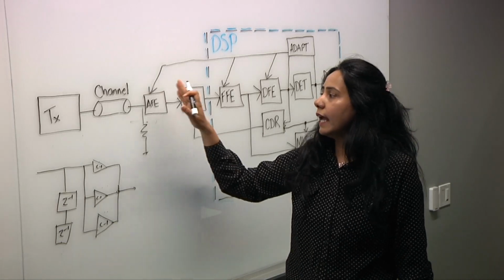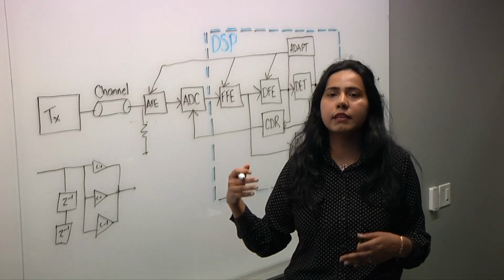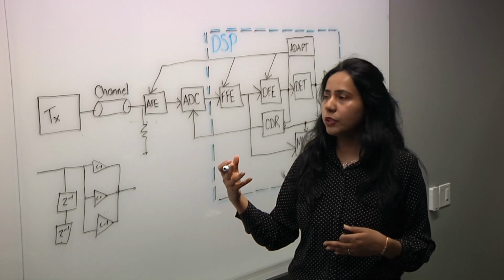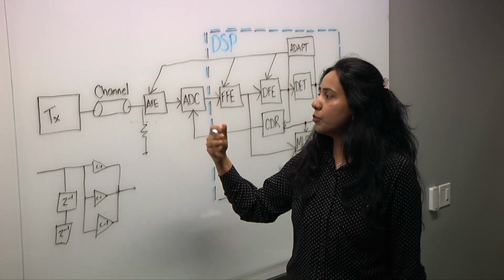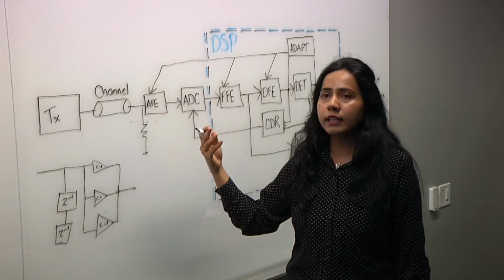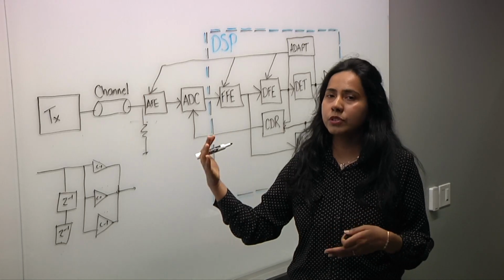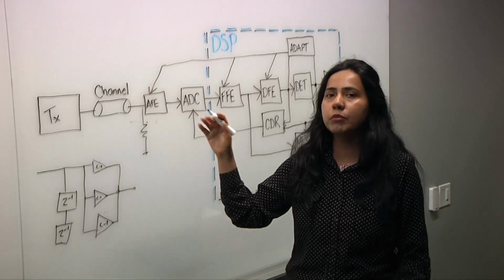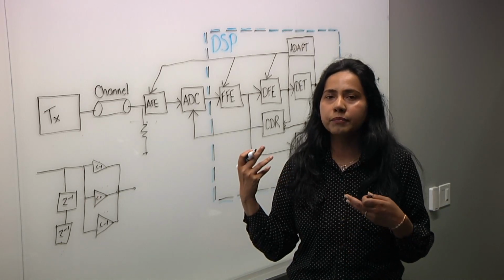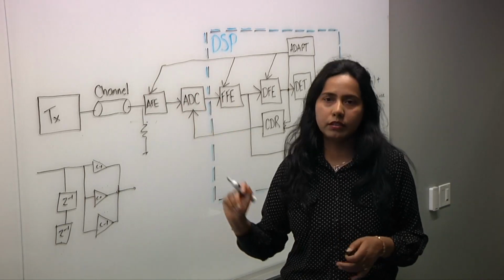And then you can have a CTLE here, which is a continuous time linear equalizer. It attenuates the low frequency and boosts the high frequency signal, which is how it operates in continuous time and is designed to provide linear equalization. This is all part of the analog circuit.